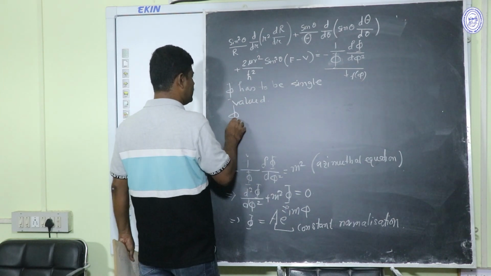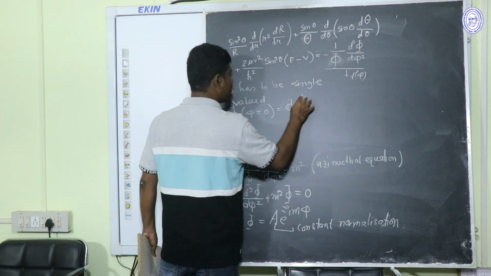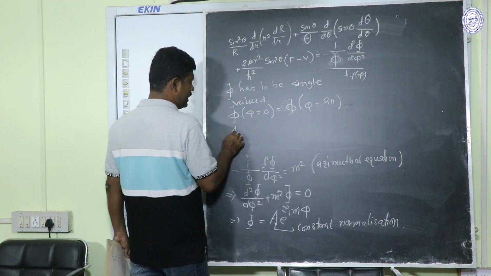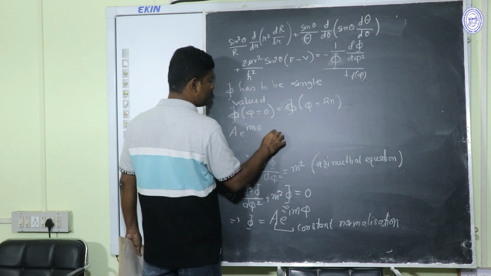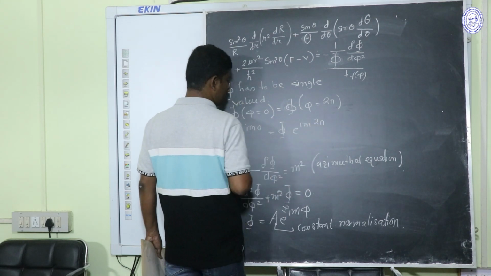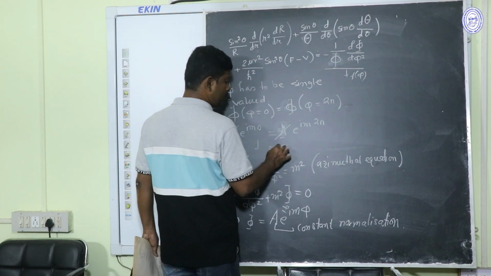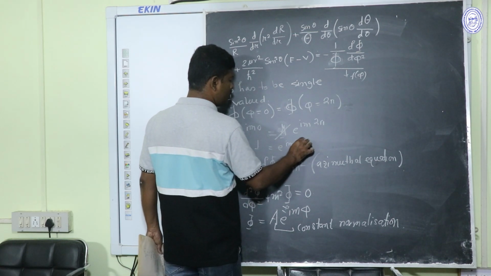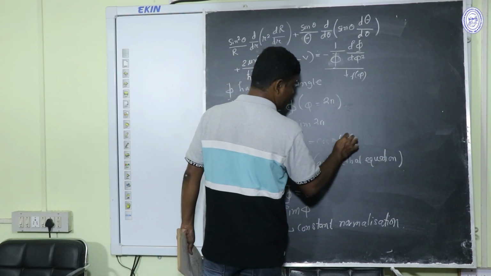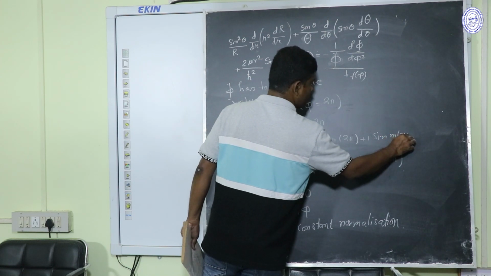So Φ at φ = 0 is equal to Φ at φ = 2π. So A e^(i m 0) = A e^(i m 2π), so 1 = e^(i m 2π), which equals cos(m 2π) + i sin(m 2π).